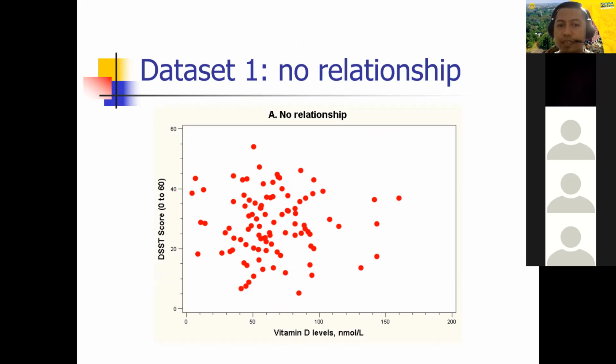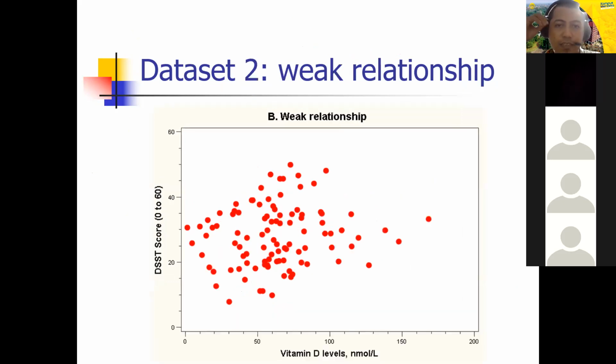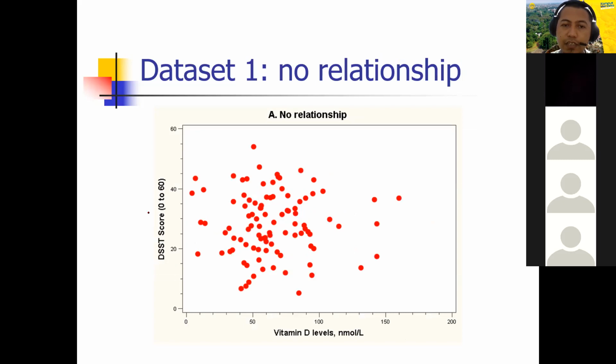Let's take a look at the kinds of data representations. You can see here, this is no relations, no correlation between maybe x-axis and y-axis, because the data is really spread. And then this is weak relationship. You can see it forms a certain shape.